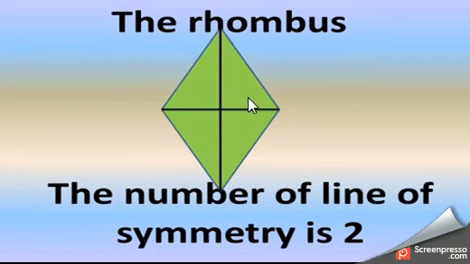What's the second way? When I draw a horizontal line and fold the first half over the second half, they will cover each other completely, so the rhombus has two lines of symmetry. The number of lines of symmetry of the rhombus is 2, mister.